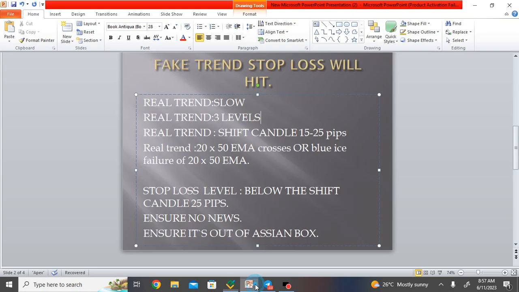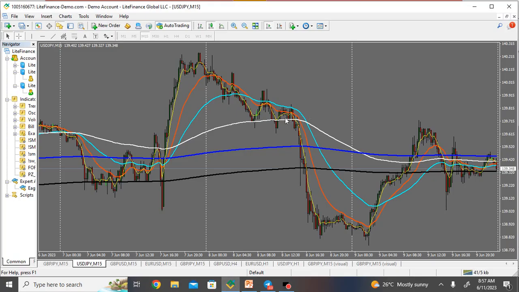I said here the range should be 15 up to 25. So the first principle: the shift candle should be below the 20 exponential moving average.